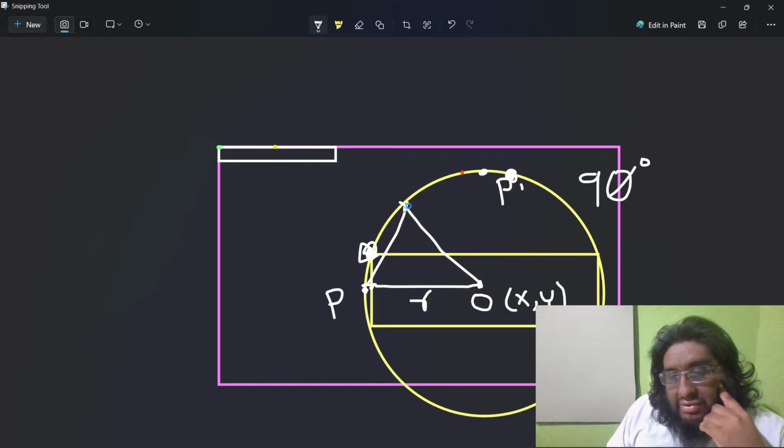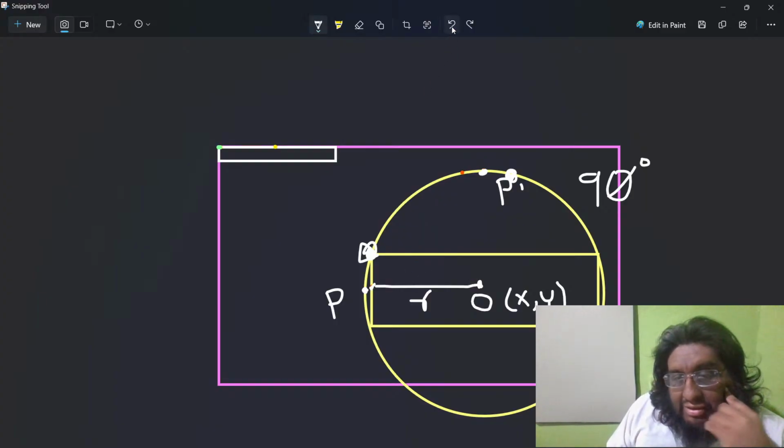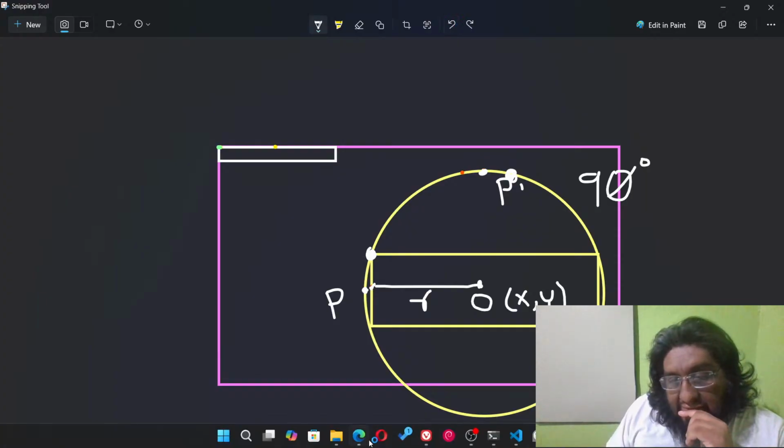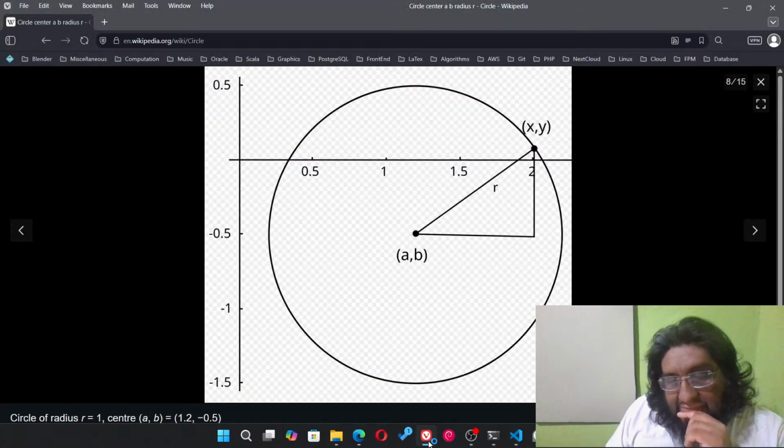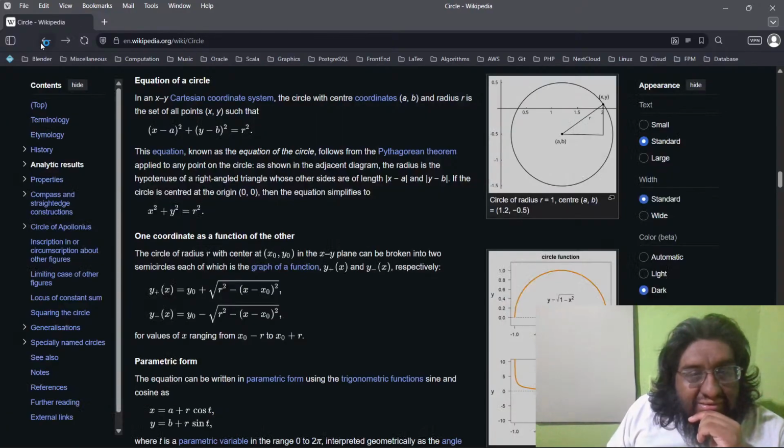Uniform, right? Now we don't know that. We need to find some sort of unified formula. Maybe I'm just telling nonsense. I'm ignorant.